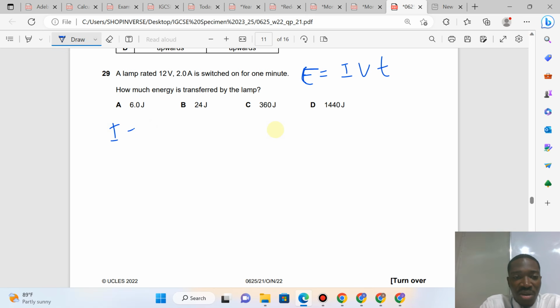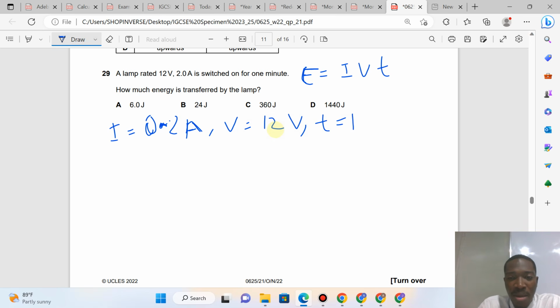Okay, so the current is 0.2 amperes. The voltage is 12 volts. The time is 1 minute, but we don't use time in minutes, we use time in seconds. So that will be 1 times 60, which means our time is 60 seconds.